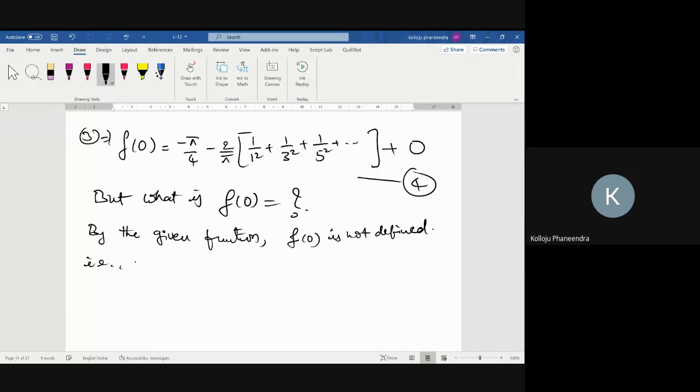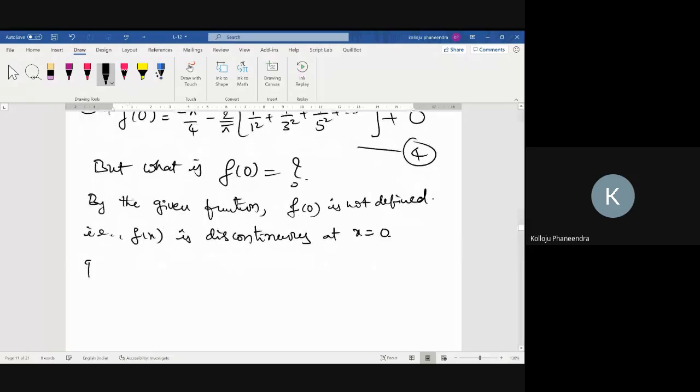That is, f of x is discontinuous at x equal to 0. Then how to consider? Consider f of 0 as the left limit at 0 minus of f of x and the right limit at 0 plus of f of x, average by 2.